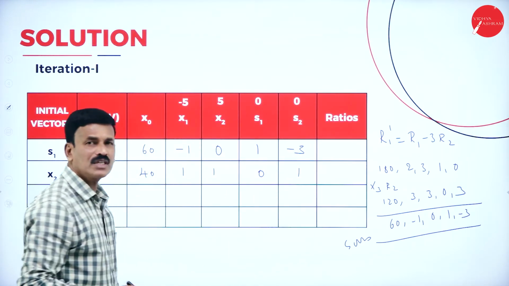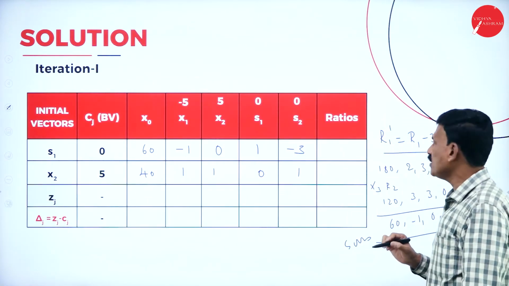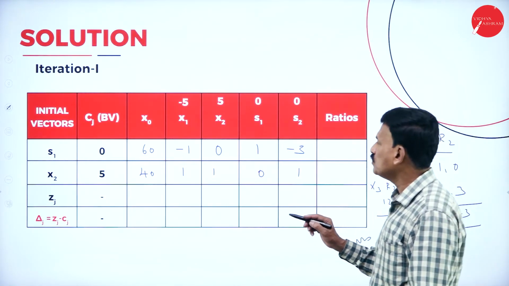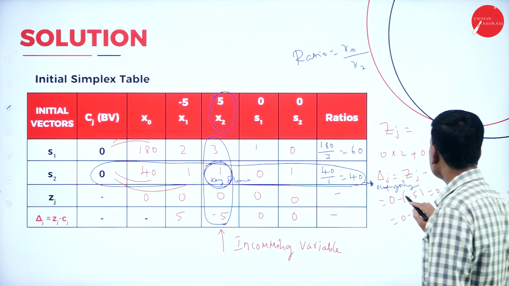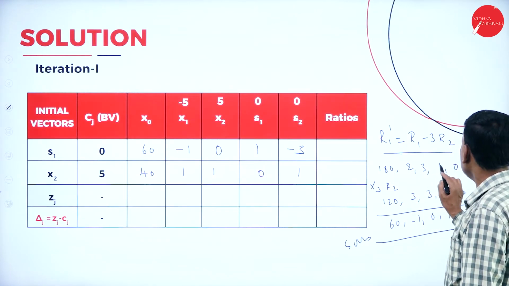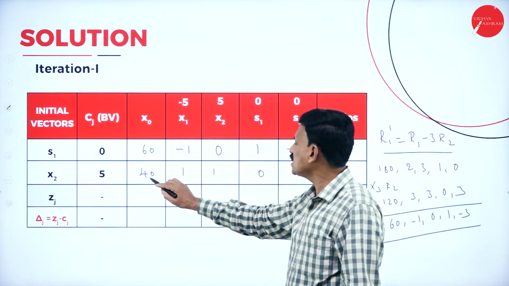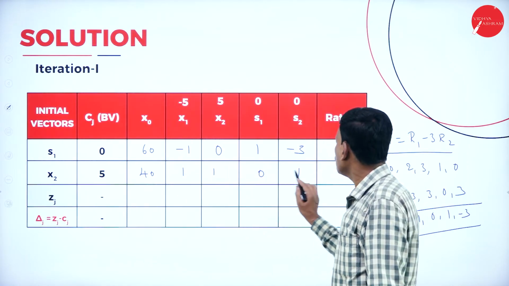That's it. See, the elementary row operation is r1 dash is equal to r1 minus 3 r2. r1 is nothing but the elements in the previous row, that is 180, 2, 3, 1, 0, and the elements of r2 are these new elements, that is 40, 1, 1, 0 and 1.